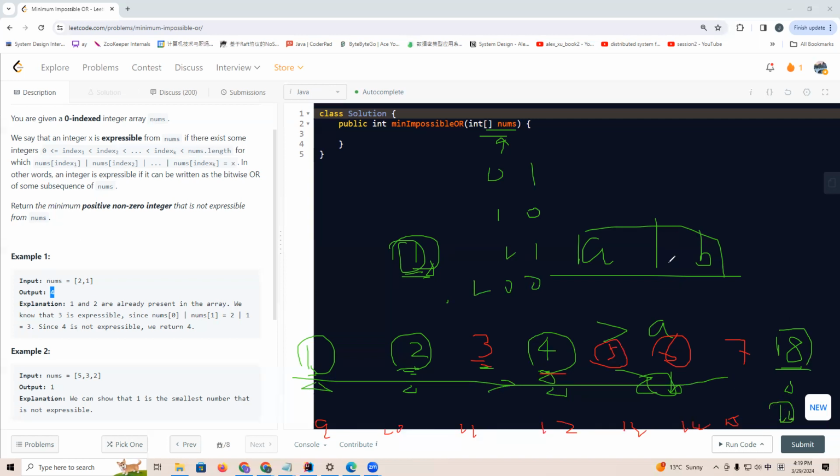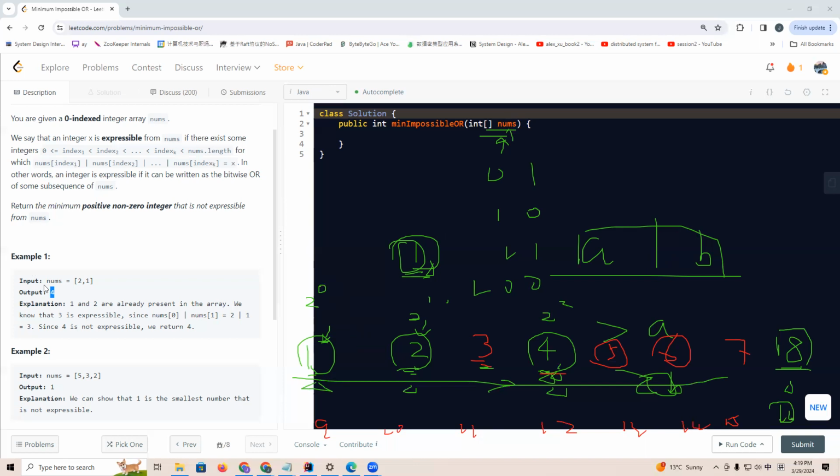We look at whether 1 exists, whether 2 exists. These are actually 2 to the power 0, 2 to the power 1, 2 to the power 2. When we find the first such number missing, we return it as the first one not formable.